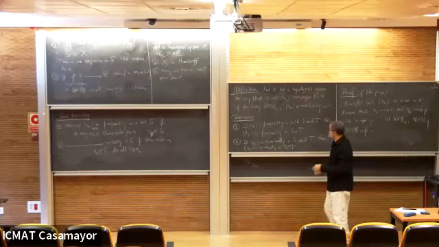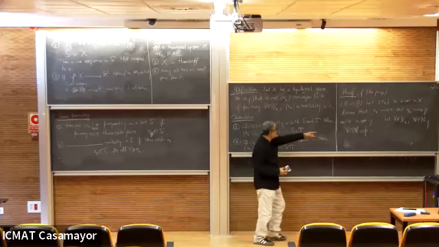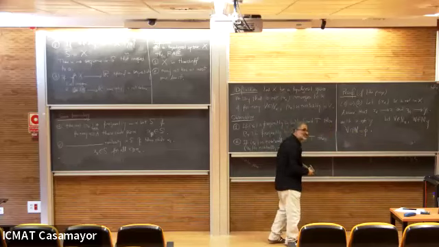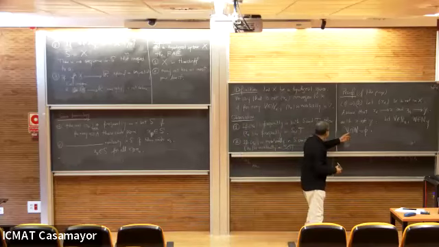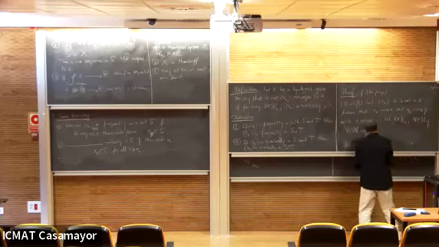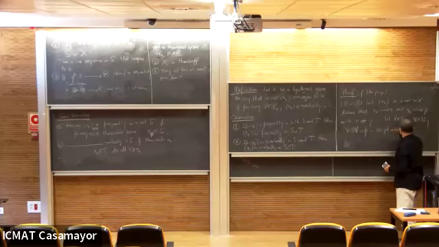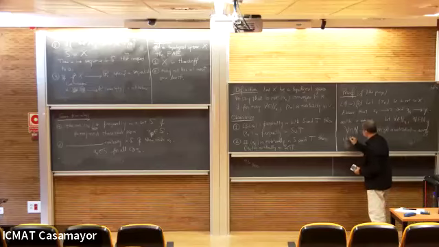But if I use this observation, the net is eventually in V and eventually in W, and then it is eventually in the intersection. So there is an element of the net which belongs to the intersection, which gives a contradiction. So we get a contradiction using observation 2.